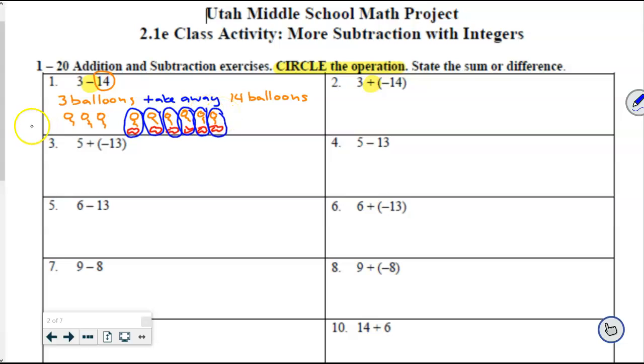Okay, do I have enough balloons now? 1, 2, 3, 4, 5, 6, 7, 8, 9. Oh my gosh, I still don't have enough. This problem's getting to be really long, isn't it?